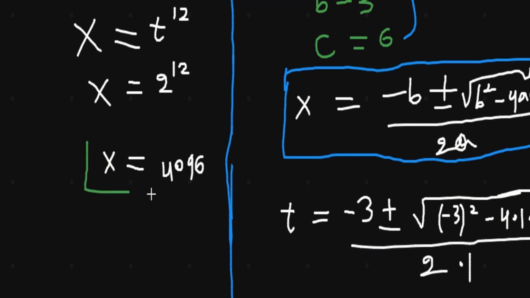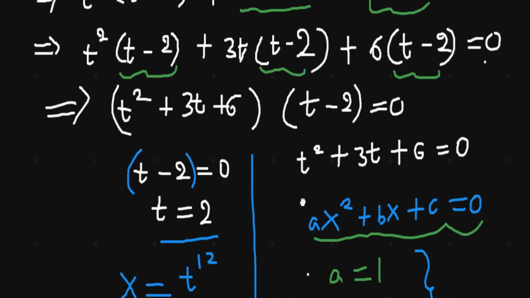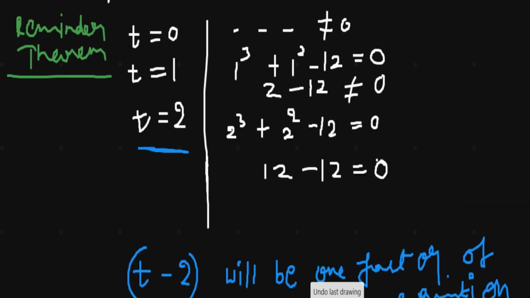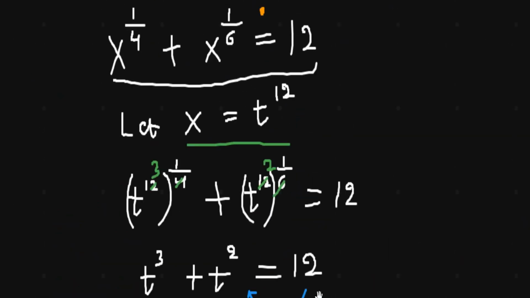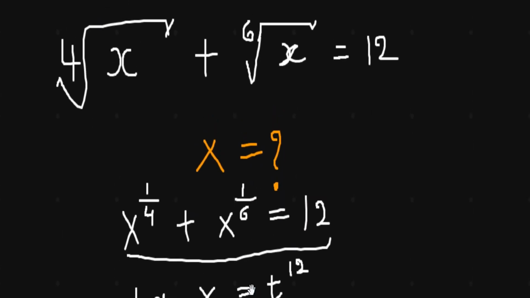So x is equals to 4096 here. So here guys, the value for x is equals to 4096.